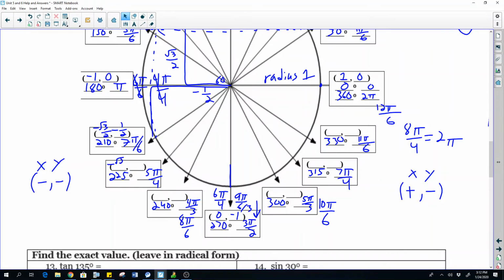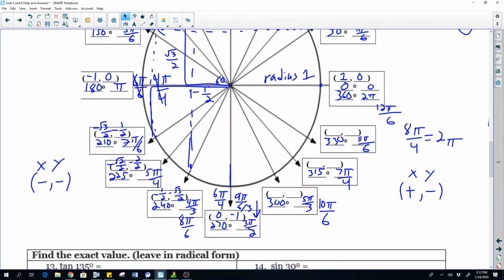This is negative radical 2 over 2, negative radical 2 over 2, and then this one, we're coming straight down basically, so then this one will be down here, so it'll be negative a half, and then negative radical 3 over 2.